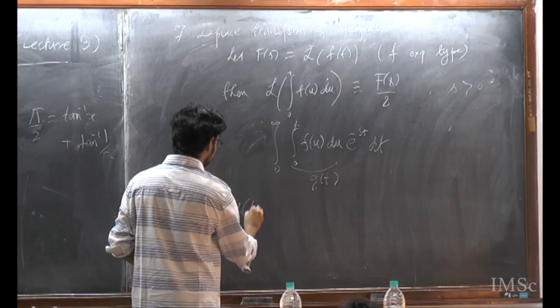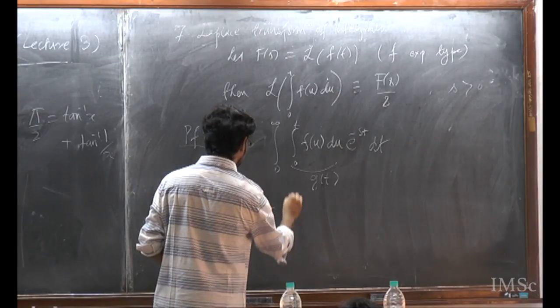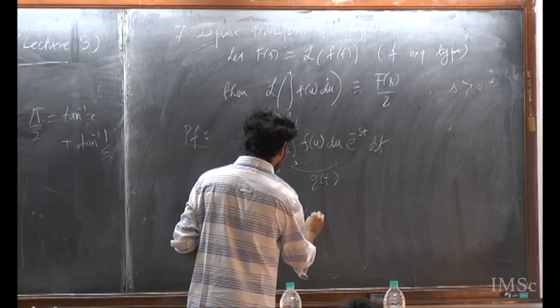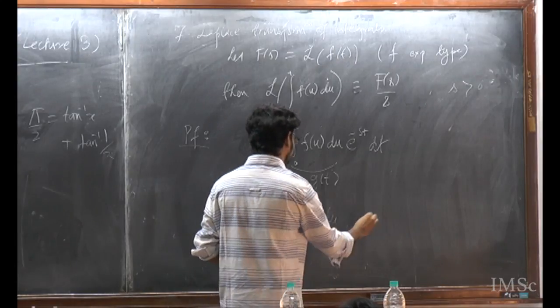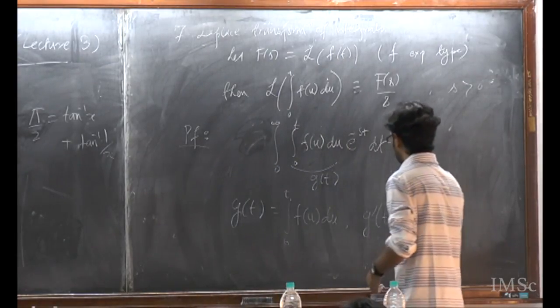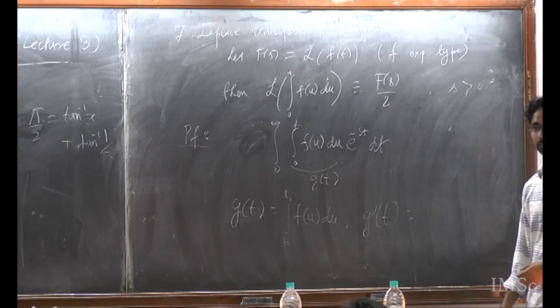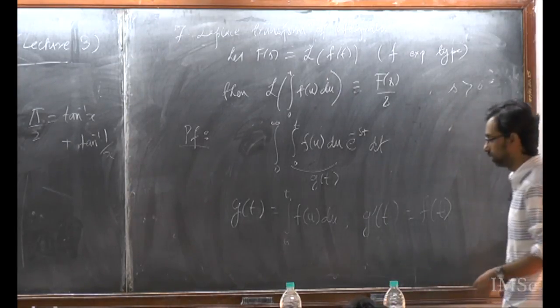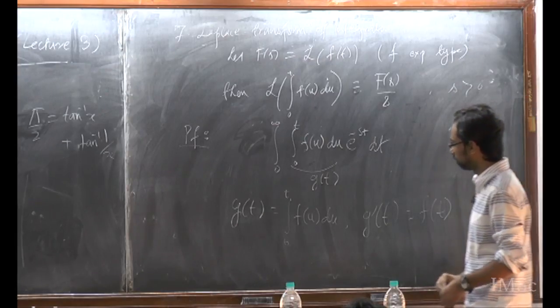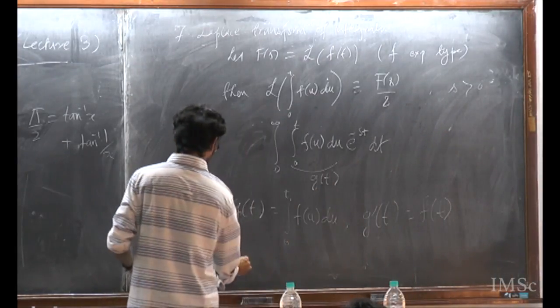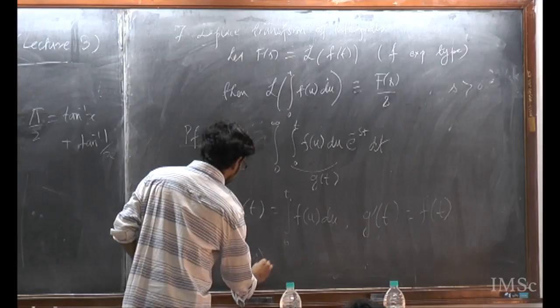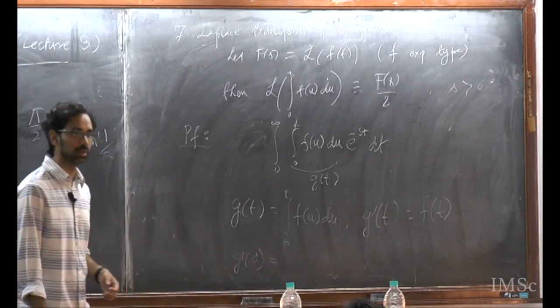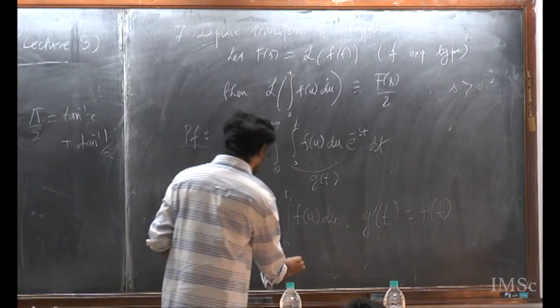So g(t) is the integral from 0 to t of f(u) du. What is g prime t? It's just f of t, right? Okay. What is g(0)? It's just 0, yes? This is 0.